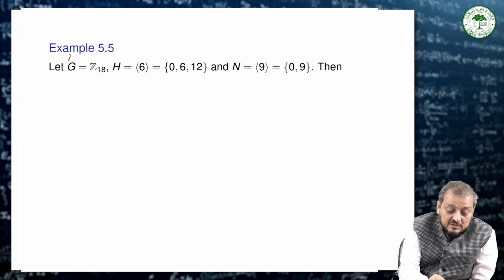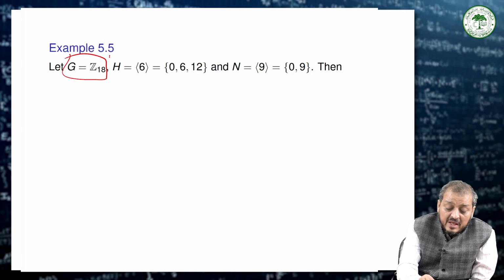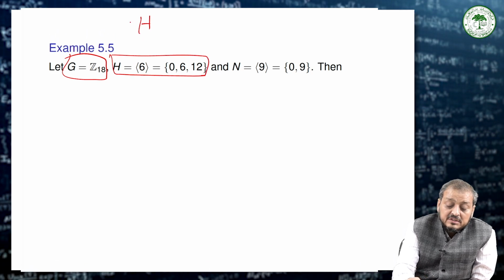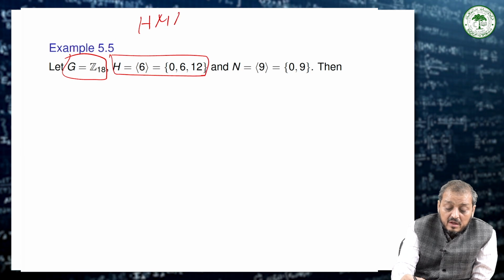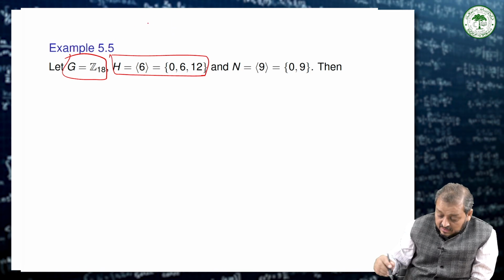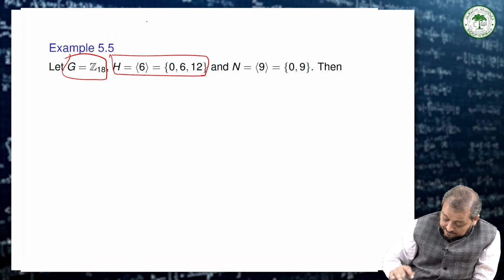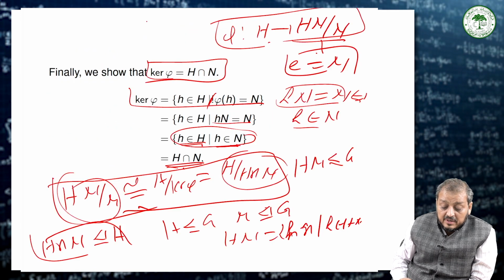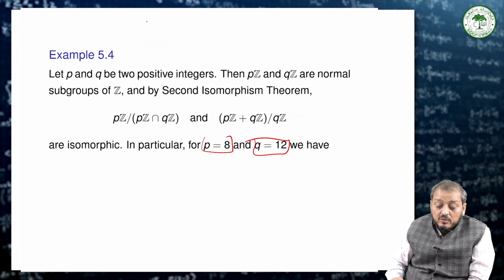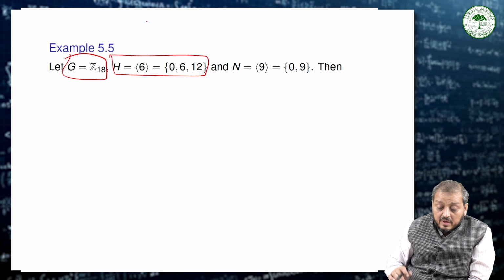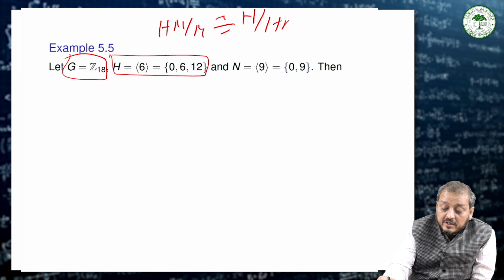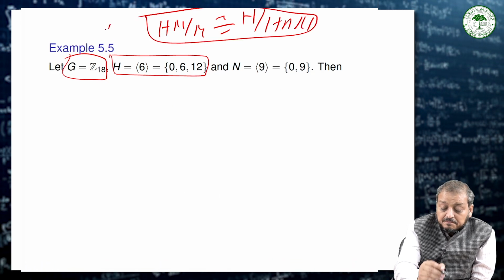Okay, now let us try one more example in this form. Let G equal Z18, and H I take in the form of this. We know that HN over N is isomorphic to H over H intersection N, or is it vice versa?